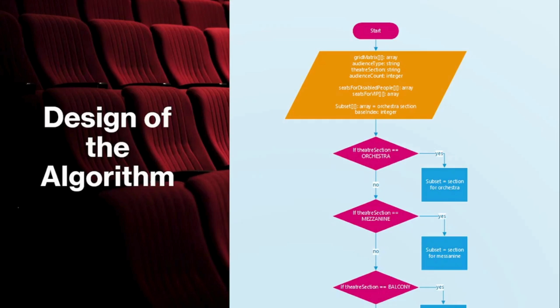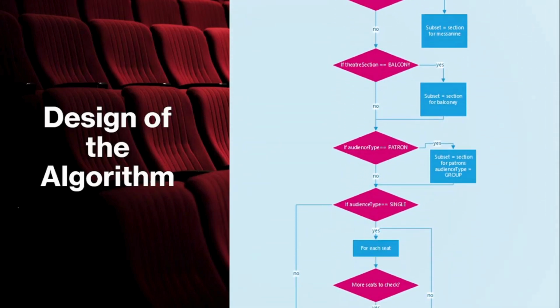Discussing the flow of this algorithm, the algorithm takes the grid matrix, a 2D array, as a parameter along with other parameters such as audience type. Then the algorithm divides the 2D array into different parts based on the sections of the theater, like orchestra and mezzanine.